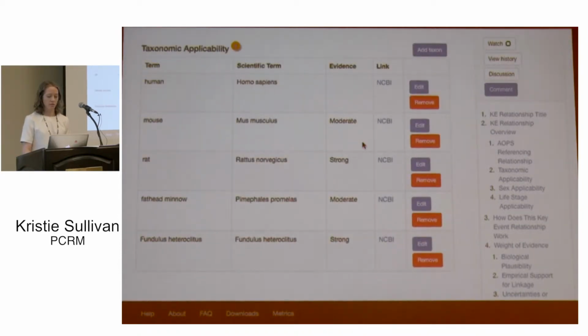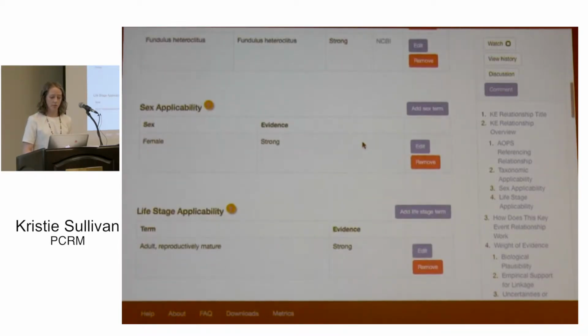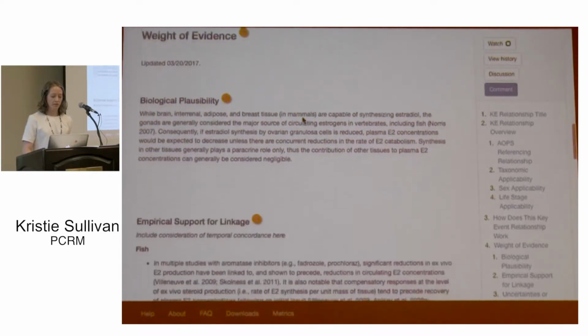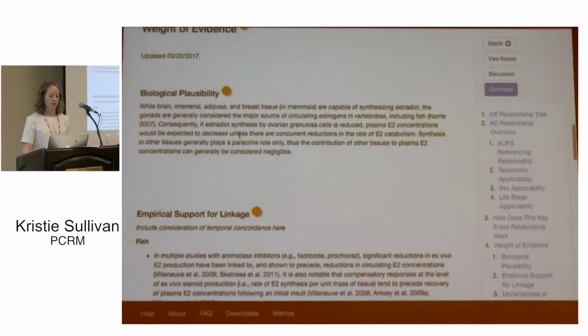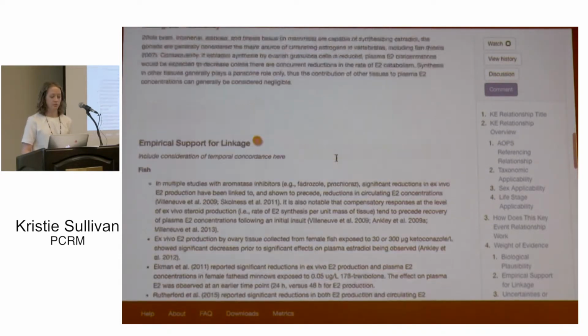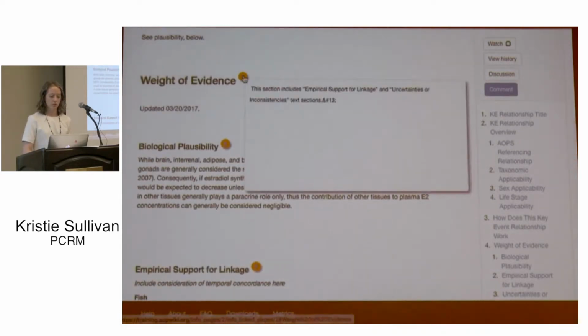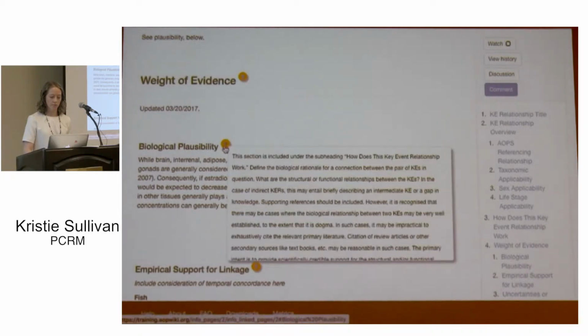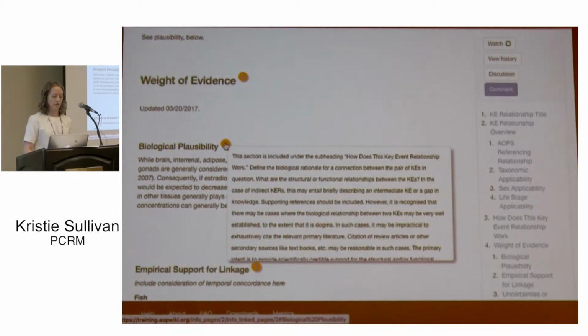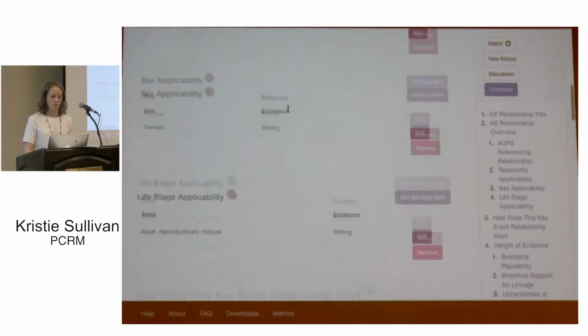Just as with a key event, for a key event relationship, there may be information on taxonomic applicability, sex or life stage applicability, and there is a description of the biological plausibility and empirical support down here. So this is where you would enter that, and if you hover over these little question marks, there's some more information that you can find about each section.